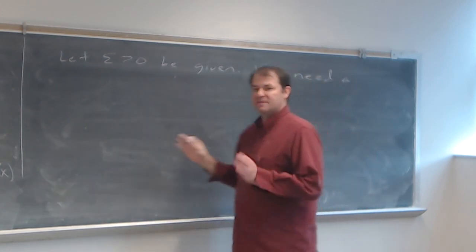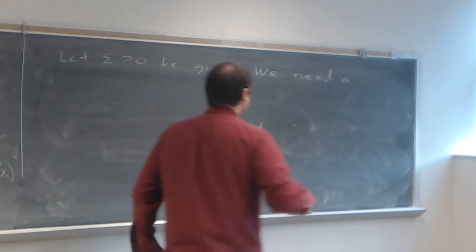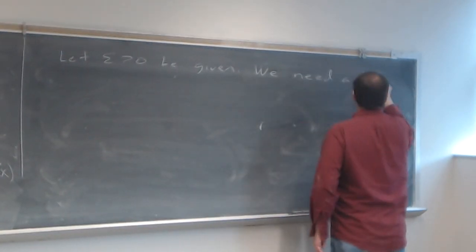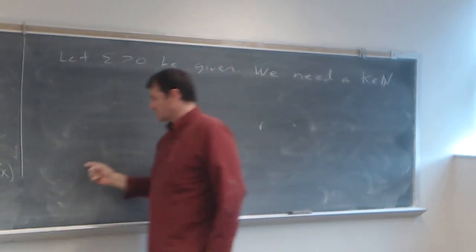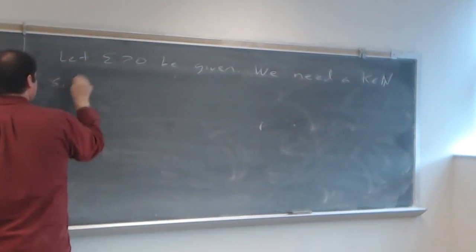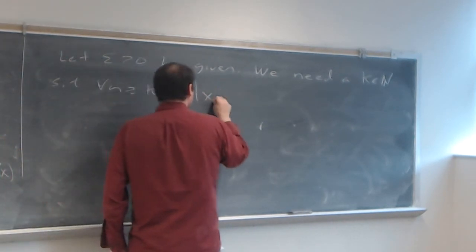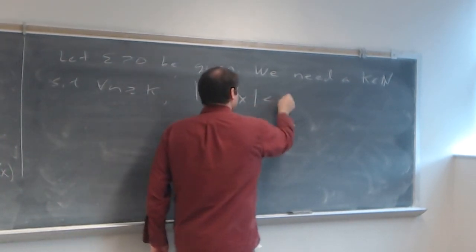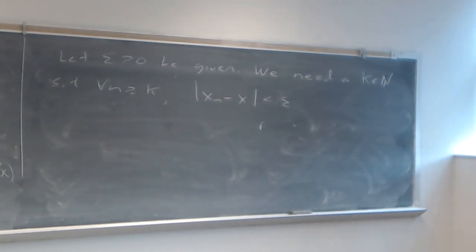This is all the same type of setup. We need a k. Where is k? In the natural numbers. That's right, John. It's in the natural numbers, such that for all n bigger than or equal to k, the absolute value of x sub n minus x will be less than epsilon. I'm looking for that k.